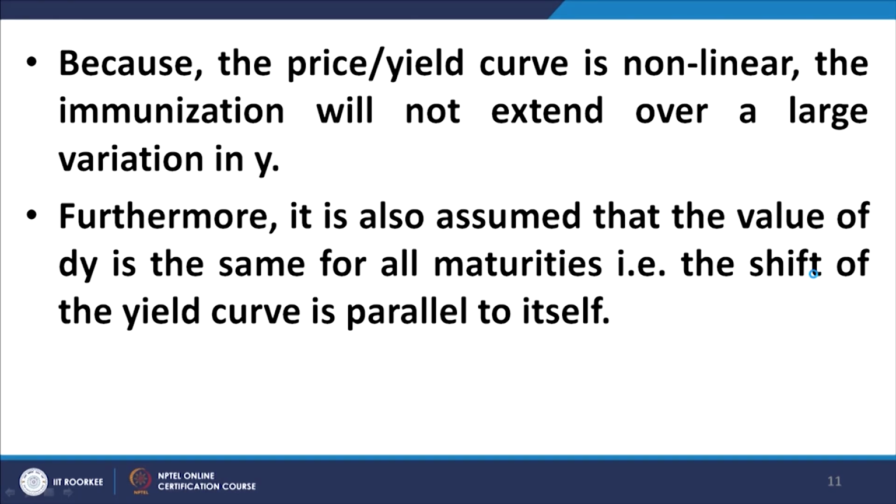Then there is another assumption: that the value of dy is the same for all maturities. I will come back to this also in a later section, but we have assumed that dy is independent of the maturities, and we know that the spot rates corresponding to different maturities are different. So, we have not accounted for the term structure of interest rates. Because we have assumed dy to be constant, when our yield price curve shifts by dy either upwards or downwards, it shifts parallel to the original version of the curve.